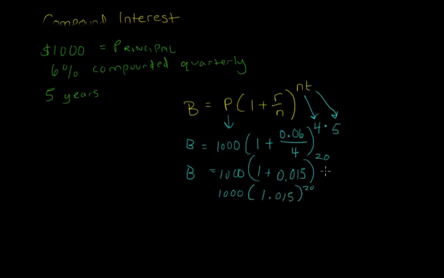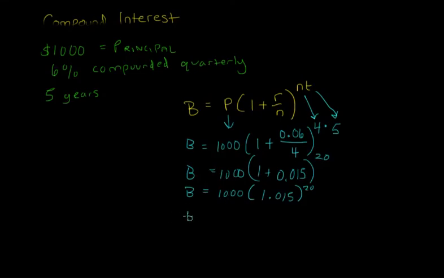Now I'm going to bust out my awesome calculator that is on my phone because I left my actual good calculator at school. So 1.015 raised to the 20th power. It's just a number with a lot of decimal places, so we go ahead and times it by 1,000.